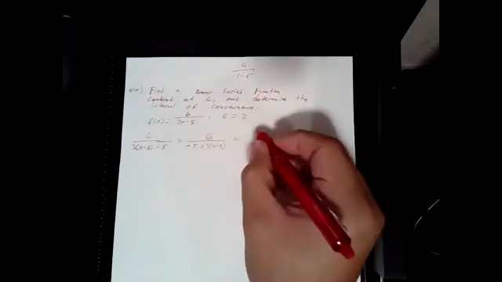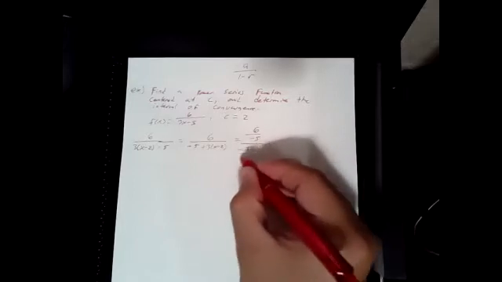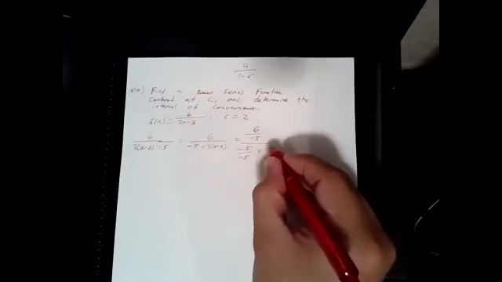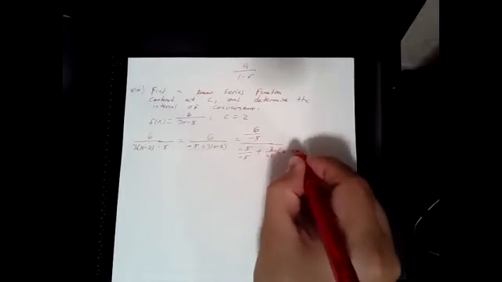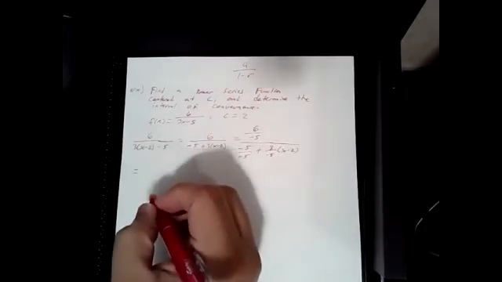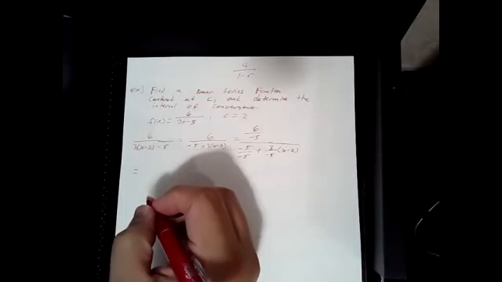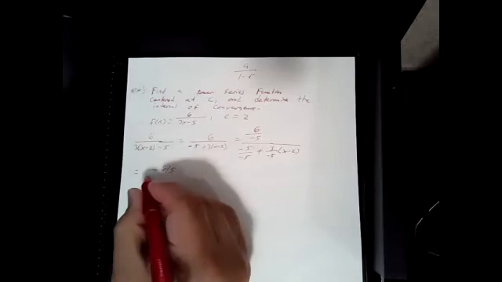So I'm going to end up with 6 over -5 plus 3 over -5 times the x minus 2. So that will get me to -6 over 5 on top.